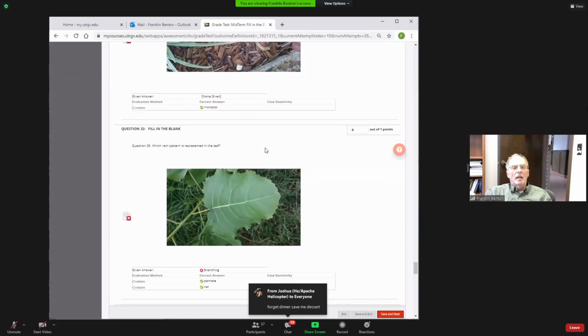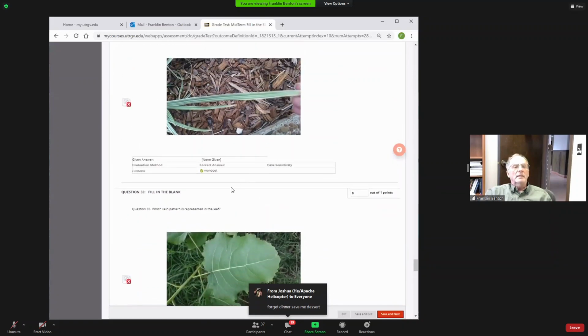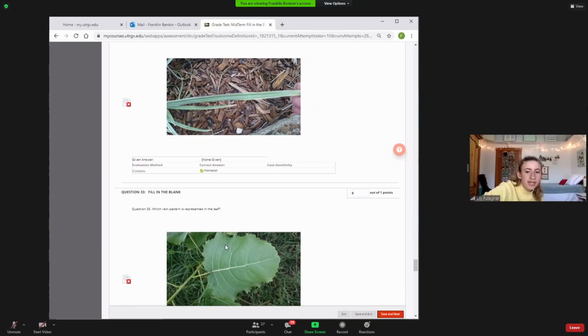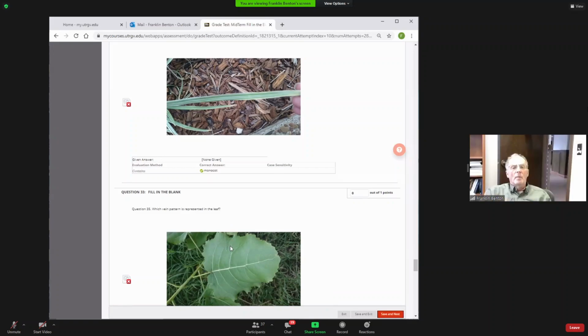Okay. Now, what type of pattern is represented in this leaf? Palmate? Nope. Palmate is where you have one thing and then each goes out like that, like a palm tree. This is what?